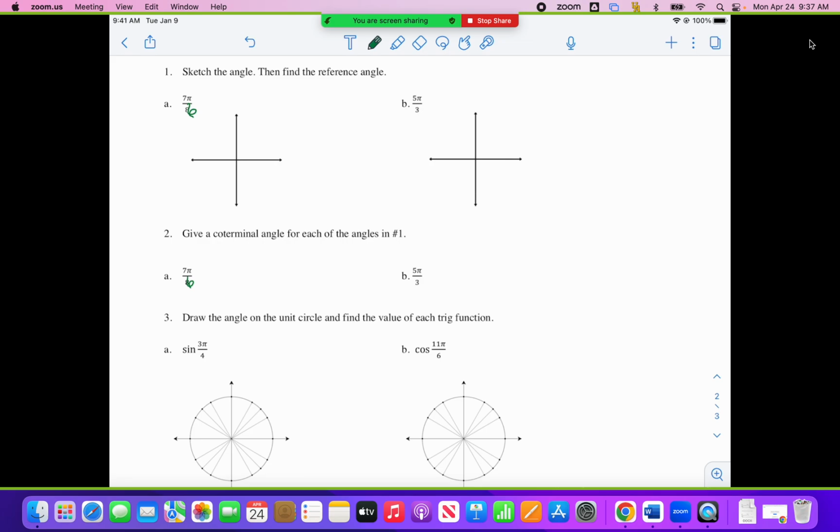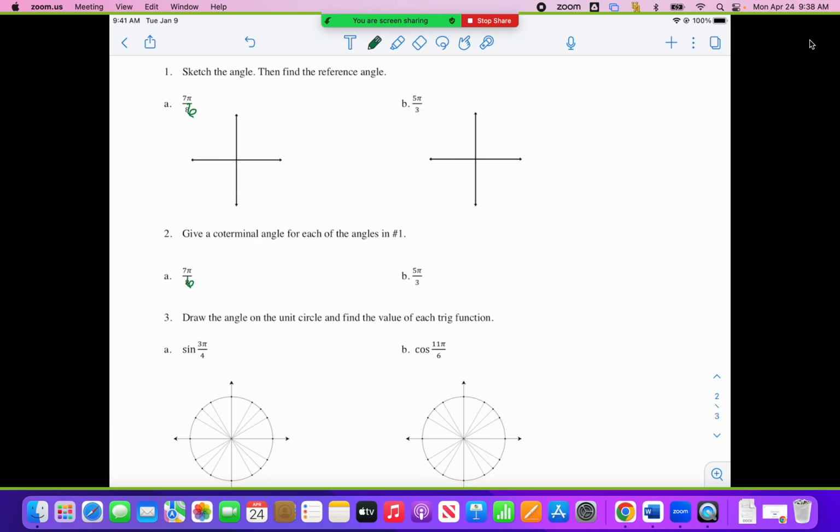Now be careful. If your given angle is in radians and you're asked for a reference angle, your reference angle must be in radians. If you flip to degrees and figure it out, that is fine. That is an acceptable technique. But your final answer needs to flip back to radians. If you're given degrees, your answers will be degrees. Let me say that again, because this is really important.